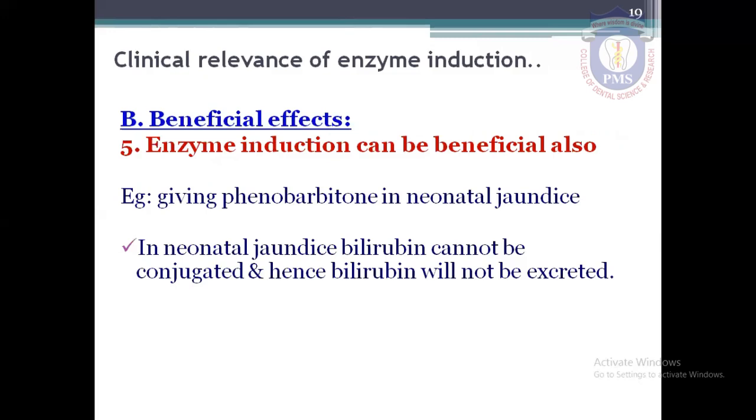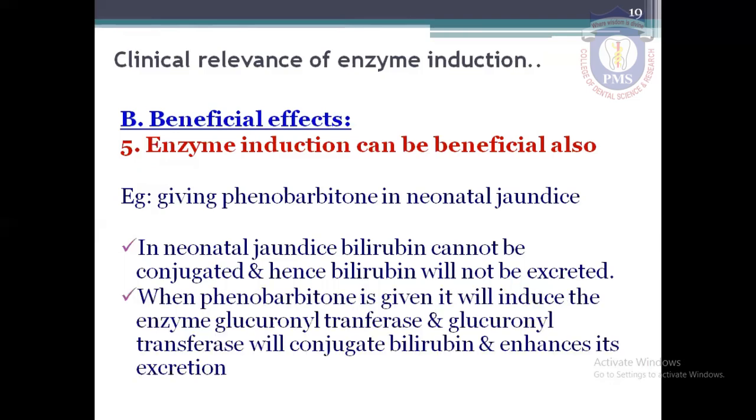In neonatal jaundice, bilirubin cannot be conjugated and hence bilirubin will not be excreted. When phenobarbital is given, it will induce the enzyme glucuronide transferase, and glucuronide transferase will conjugate bilirubin and enhance its excretion.